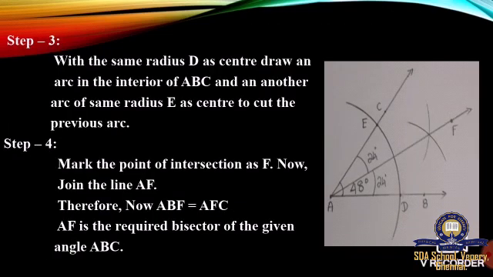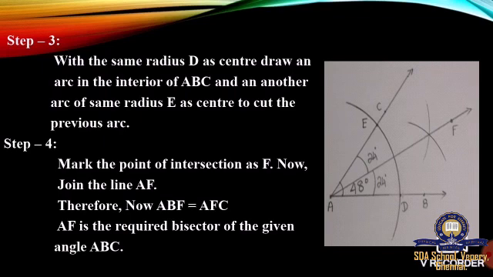And the next step, with the same radius, using the compass, with D as center, draw an arc in the interior of ABC, and another arc of the same radius with E as center to cut the previous arc. Then, mark the point of intersection as F. Now, we join the line AF.